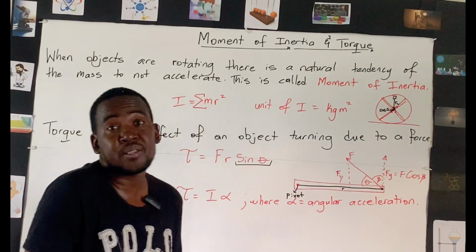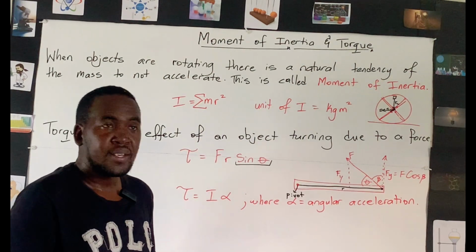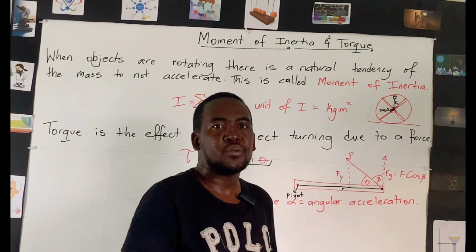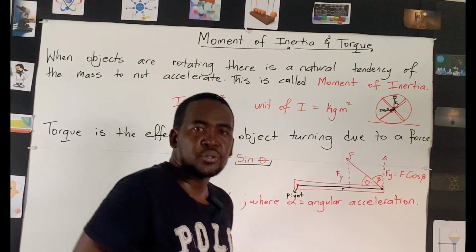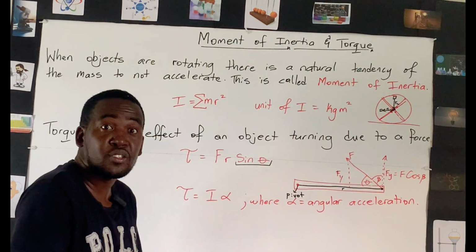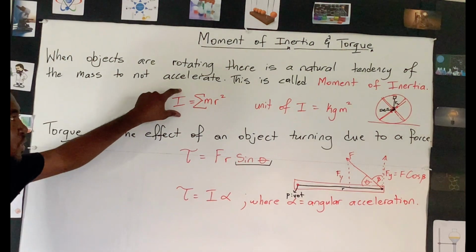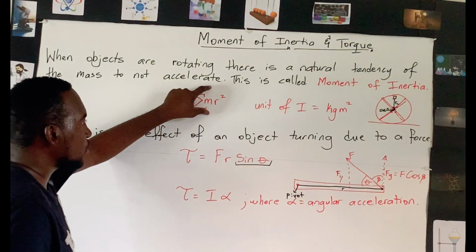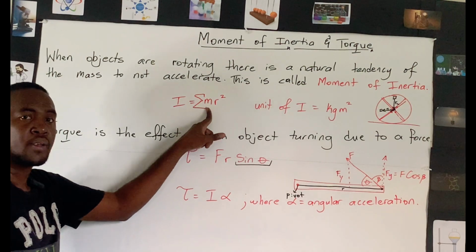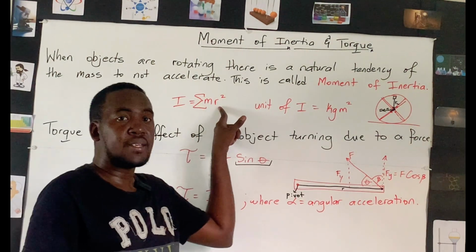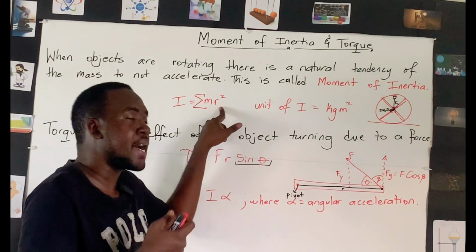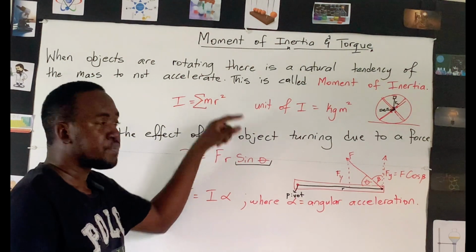But it's impossible, right? It's impossible to not accelerate while rotating, but naturally objects will tend to want to do that. And we can find that value by multiplying the mass times the distance away from the rotational axis squared.